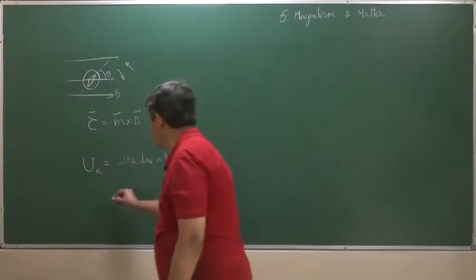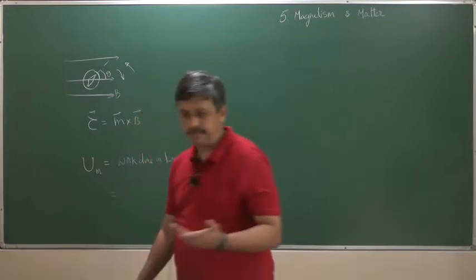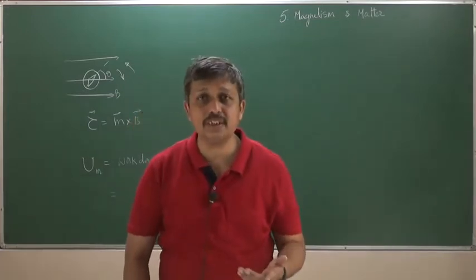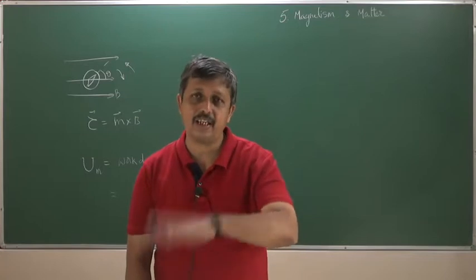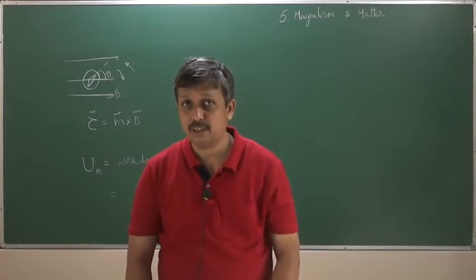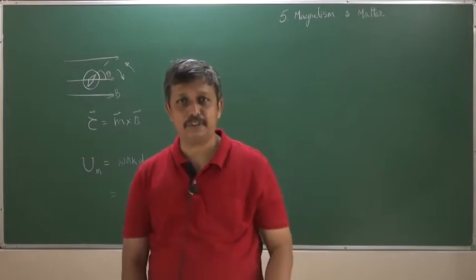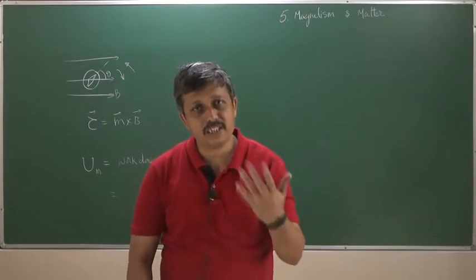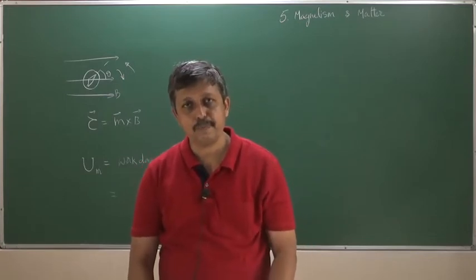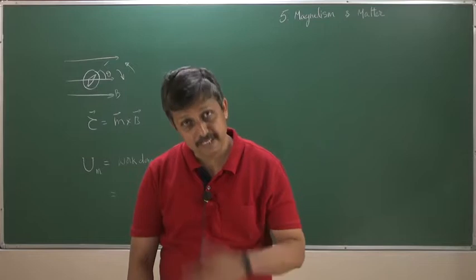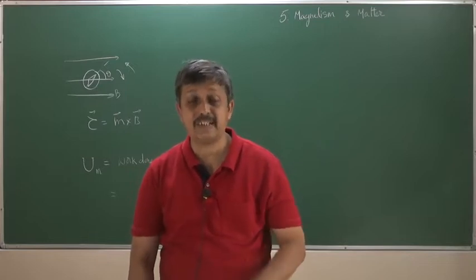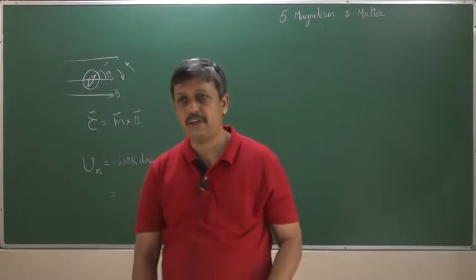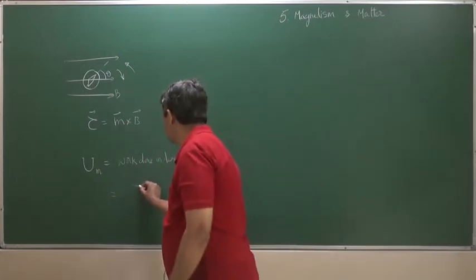Work done in rotational motion is torque into angle, rather than force into displacement in linear motion. The force equivalent is torque in rotational motion, and the displacement equivalent is the angle theta. So we will say tau d theta.